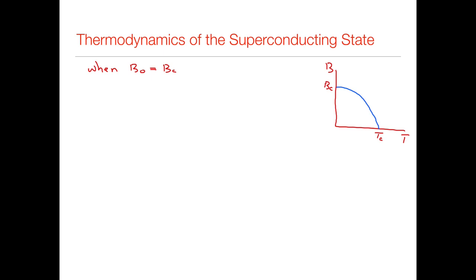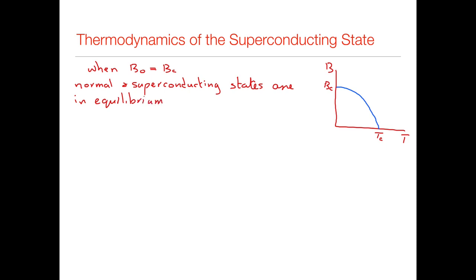Okay, so when B0 is BC, the normal... okay.